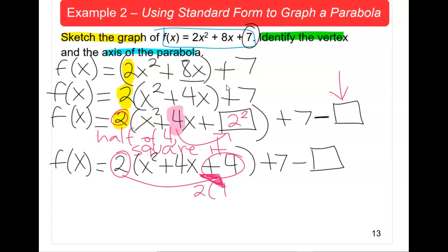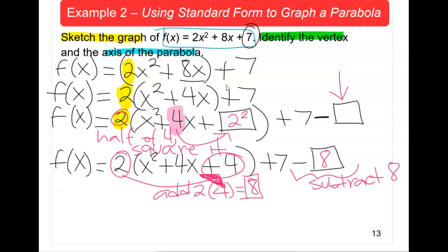So 2 times 4 is equal to 8. So if I added 8, that's in reality what that is, because the 4 is inside the parentheses. And so I need to subtract 8. So you need to add and subtract the same number, so that in reality you're just adding 0.